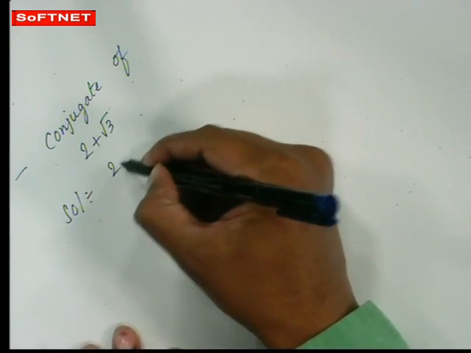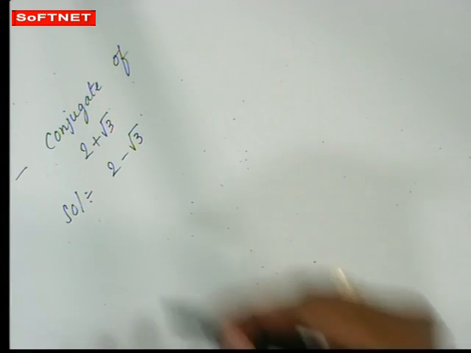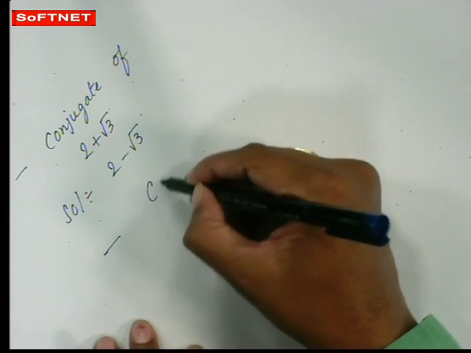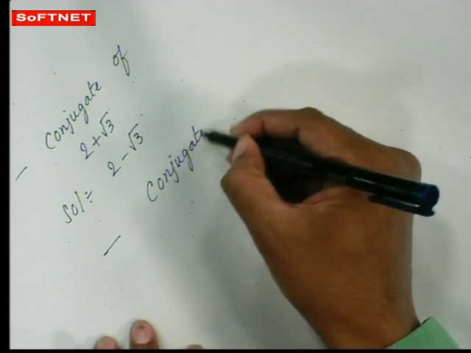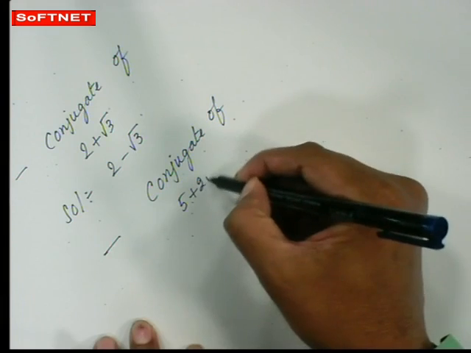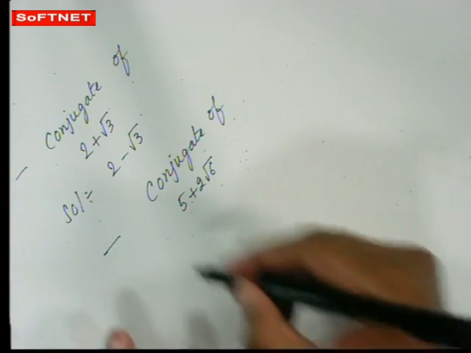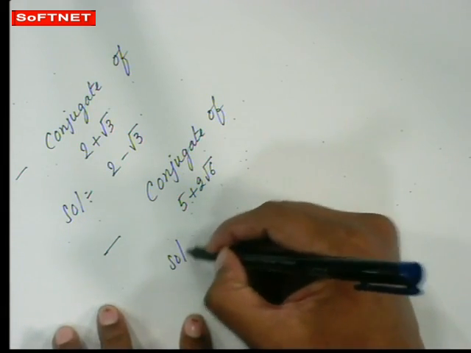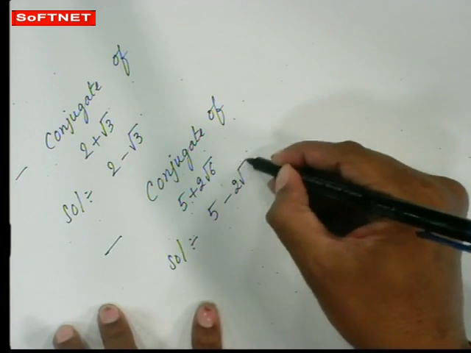Change the sign: 2 minus root 3. What is the conjugate of 5 plus 2 root 6? Yes, you are correct. That is 5 minus 2 root 6 only.